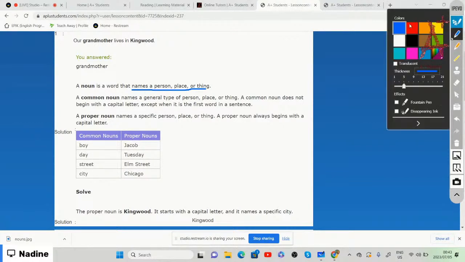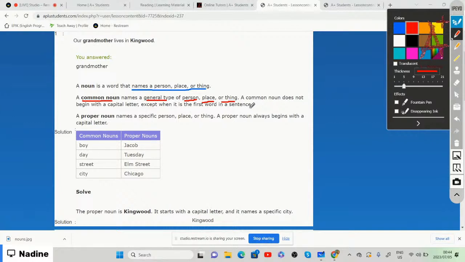Now we have common nouns as well as proper nouns. And a common noun names a general type of person, a general type of place, or a general type of thing, right? And a common noun does not begin with a capital letter.